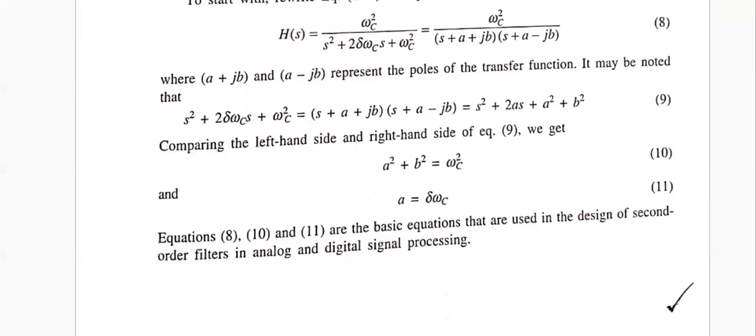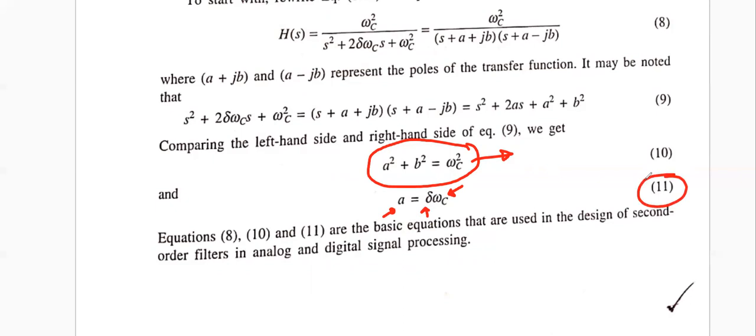We can derive it very easily that omega c square can be mentioned by this. If we know the values of A and B, then we can relate those values to the cutoff frequency, and whenever you know the cutoff frequency and the value of A, you can also find the damping factor by this equation number 11.